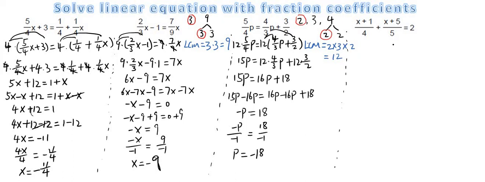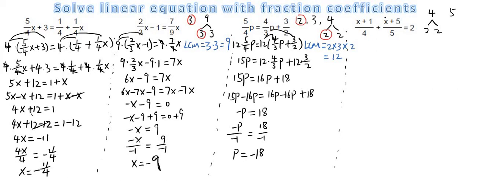Now we're gonna go to the last example. For the last example, we have denominators that are 4 and 5. So how to find the least common multiple? For the 4, we can use the factoring method, that is 2 times 2 equals 4.